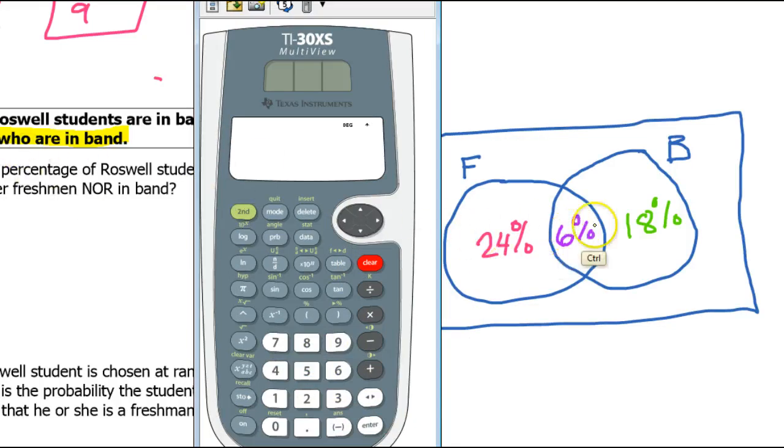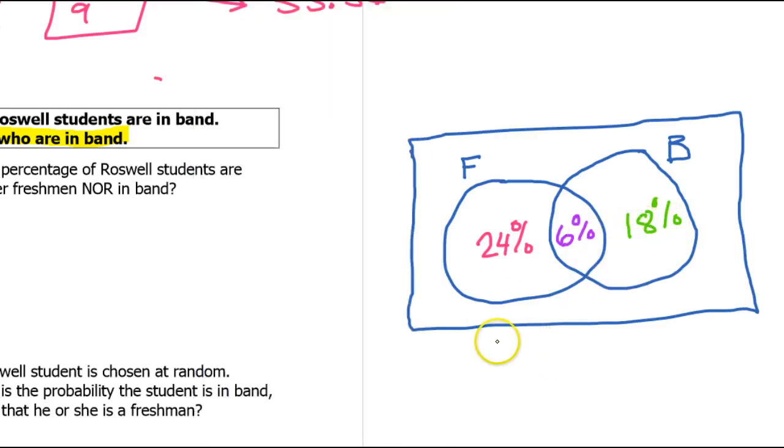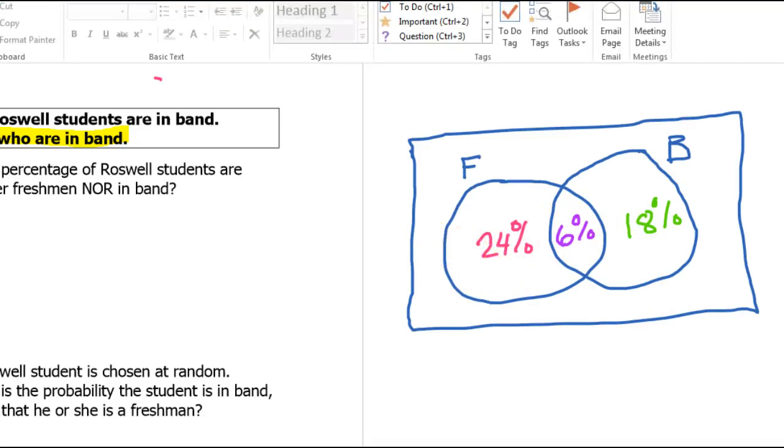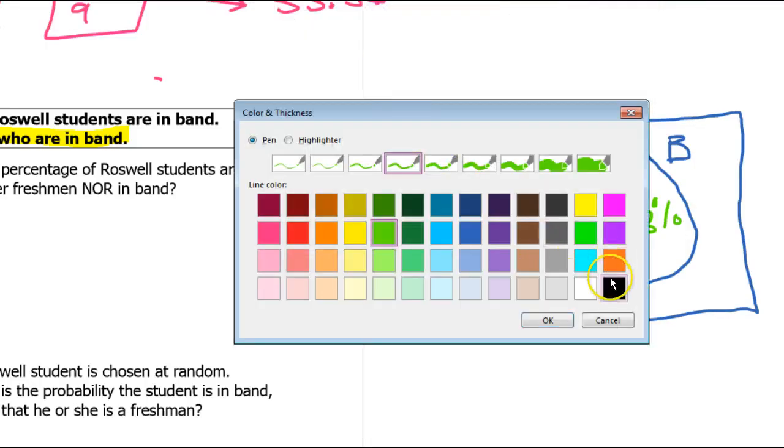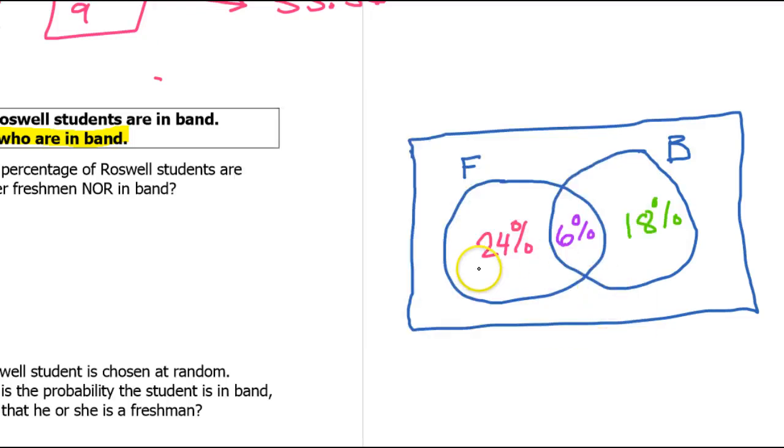Well, okay, we knew it was 30 anyway. But then we have another 18, so that's 30, 48. So I have 48% so far. Maybe I'll just temporarily write this down. Okay, if I look at all of these numbers, that is 48%.